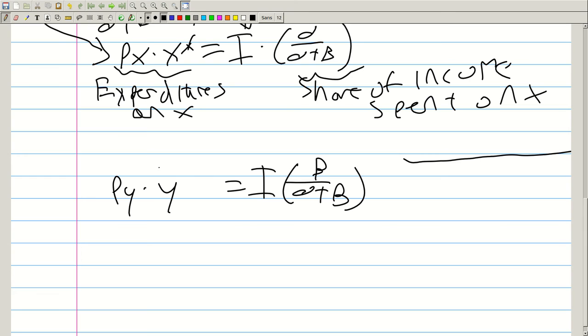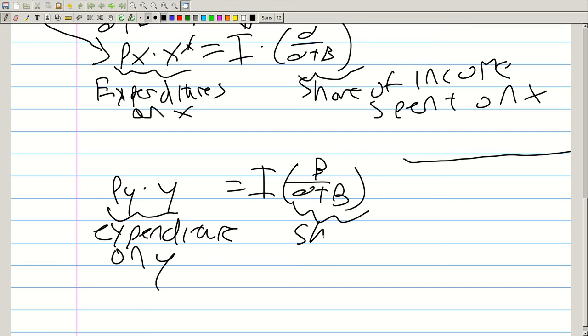But a simple way is just to notice that expenditures on x and y must add up to my total income, and the thing multiplying income is just a share. So the remainder must be spent on good y. That's the share of income spent on y. Okay?